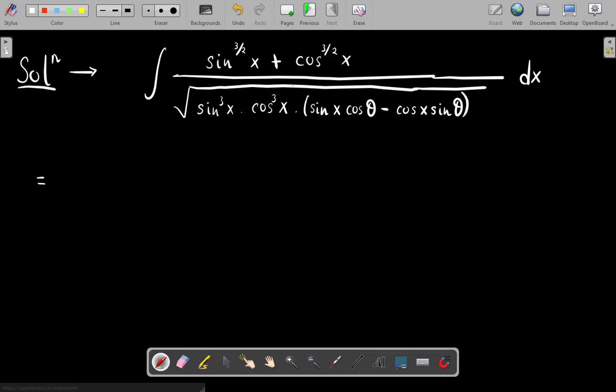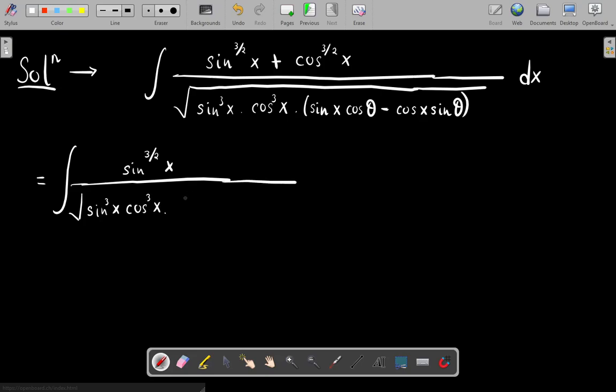Now if I split this into two different integrals, the first integral keeps the sin term in the numerator: sin^(3/2) x, with the denominator kept as it is for the time being: the square root of sin^3 x cos^3 x times (sin x cos θ minus cos x sin θ), the entire thing inside the square root, dx.